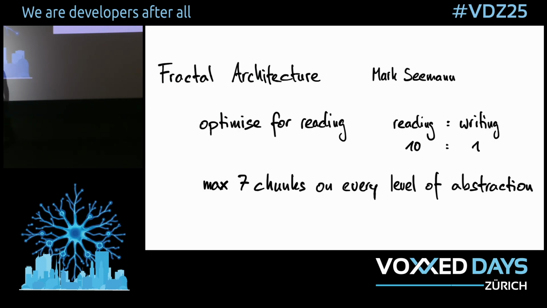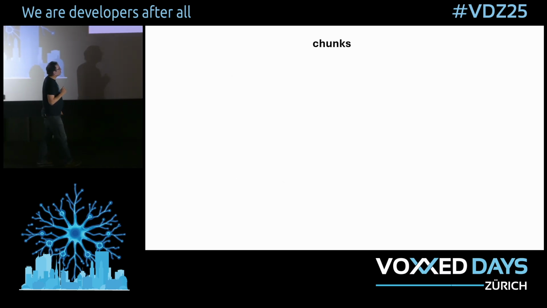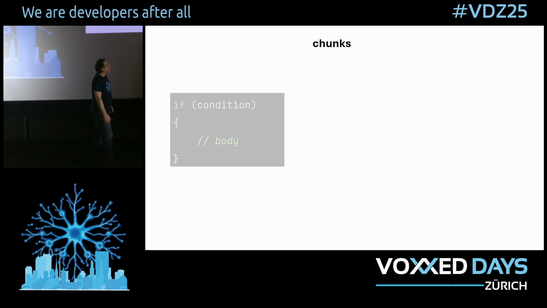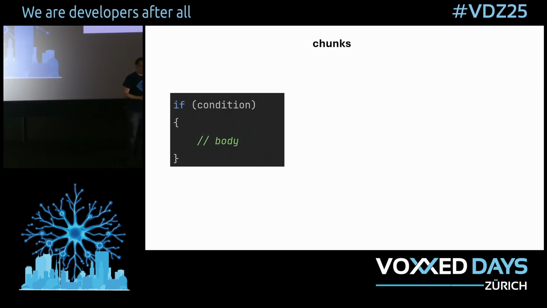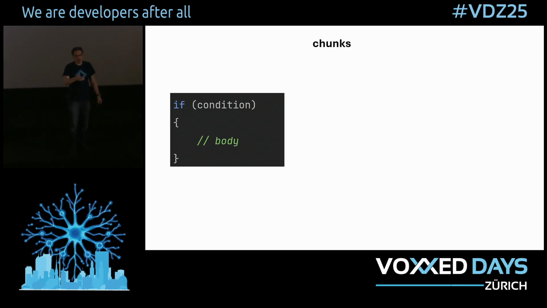But here it's not called things, it's called a chunk. So I have to explain what a chunk is. I assume you know a curly braces language, like Java or C# or C++. So then you know an if statement. If you are used to an if statement, the whole if statement is a single chunk, because it's obvious how it works.